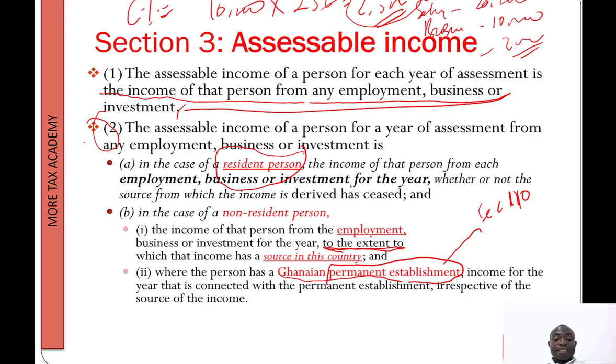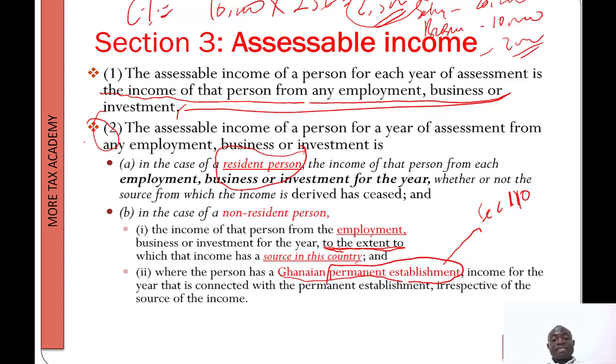So if you are a resident person, and because you are our own child, your own Ghanaian-born baby or person, help develop the nation, and therefore we slap tax on every income that you have, whether worldwide, whether it is coming from USA or what, as long as you're a citizen or you're a resident person, we'll slap the tax on you. And it doesn't matter whether the source has even ceased.